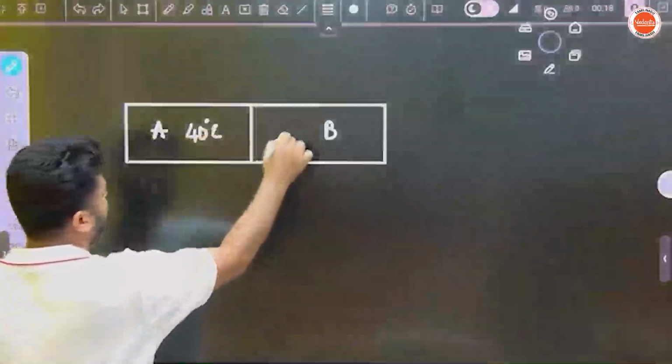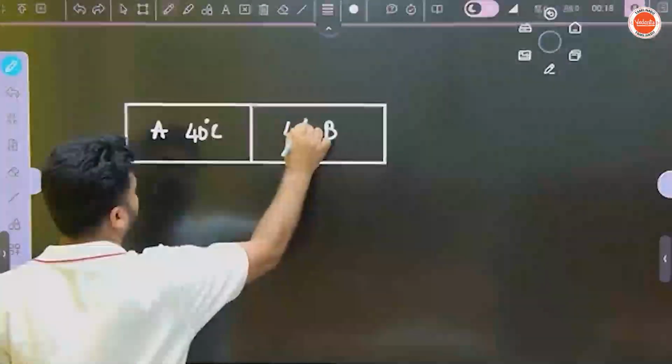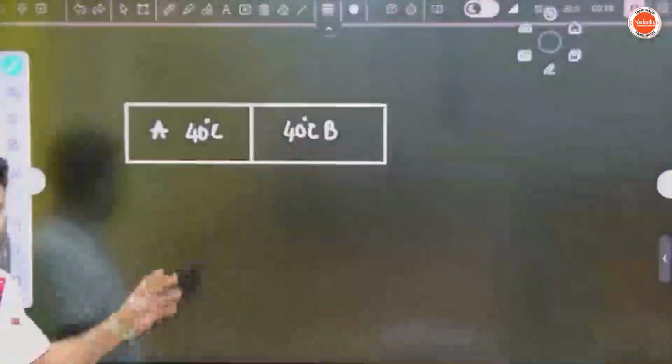It is in thermal equilibrium with B, which means this temperature will also be 40. Otherwise, if the temperature is different, they won't be in thermal equilibrium, because heat will flow and their temperature will change. So right now they are in thermal equilibrium.